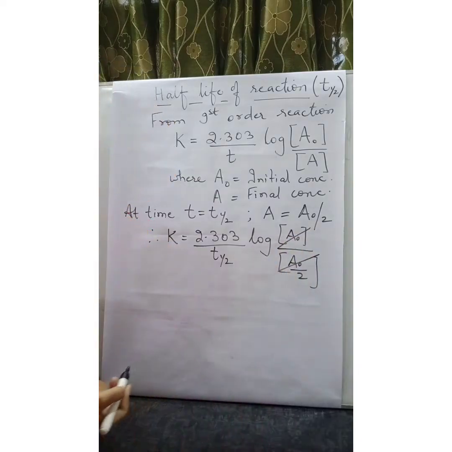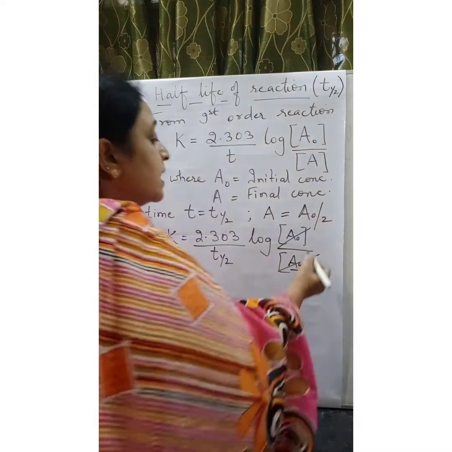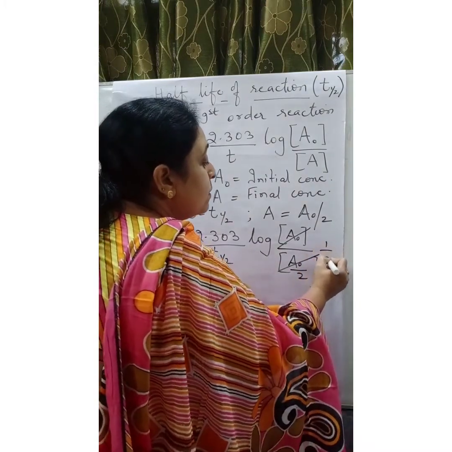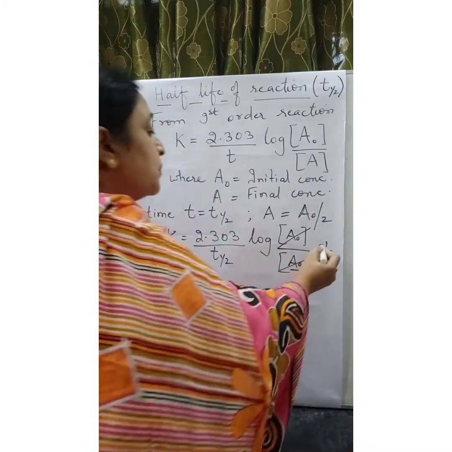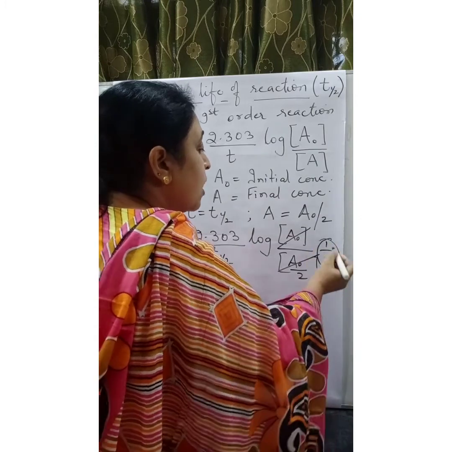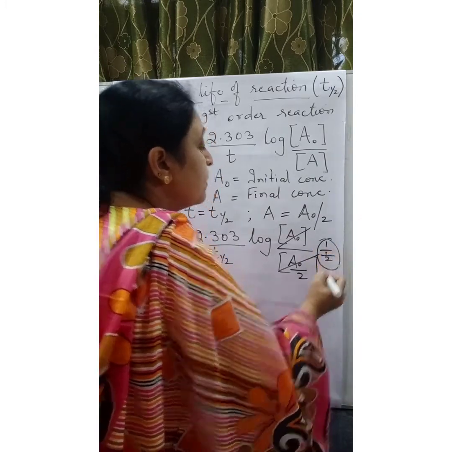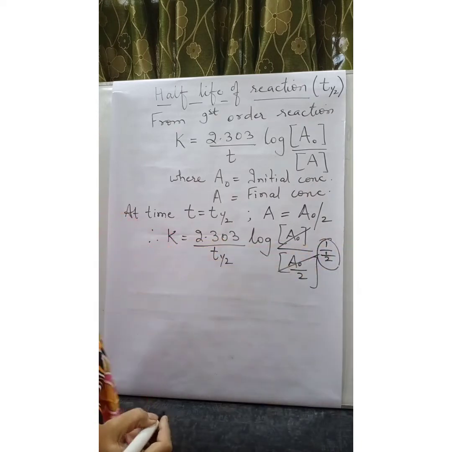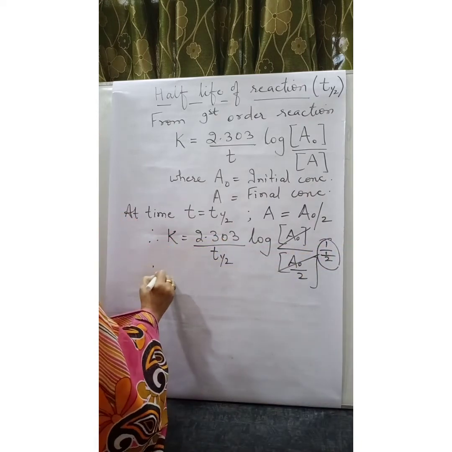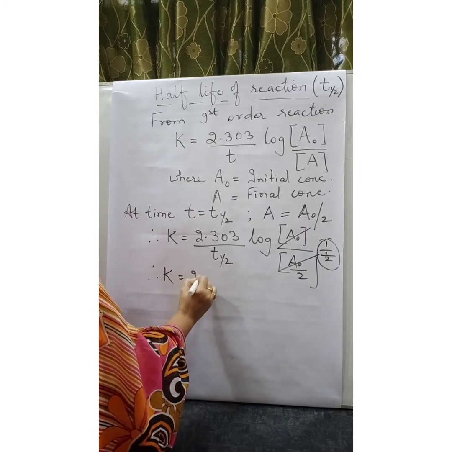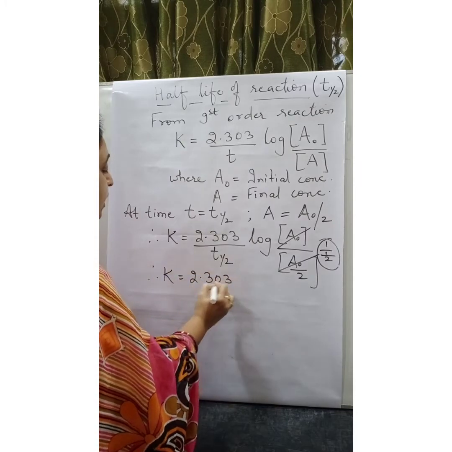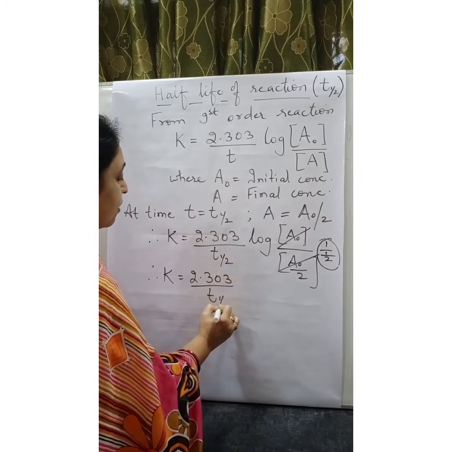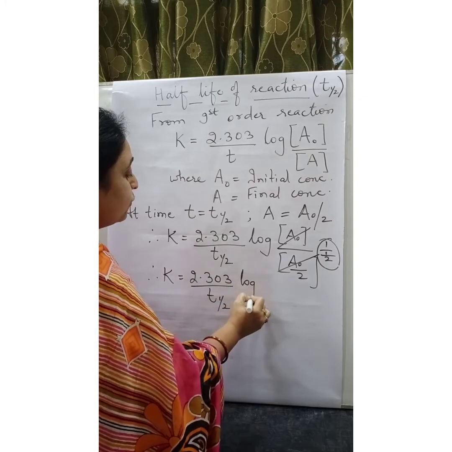A0 gets cancelled. So it is basically log 1 upon 1 by 2. So what will happen? This 2 will go up. So, K is equal to 2.303 upon tau half log of 2.